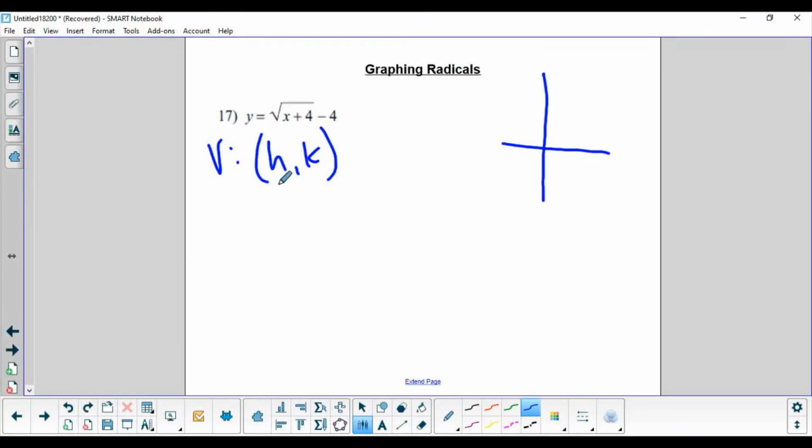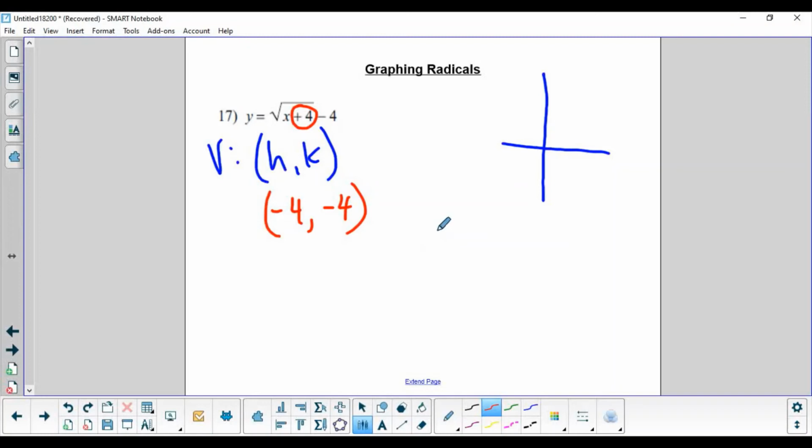Remember, h is the number inside the square root with the x. So what number is inside with the square root? It's 4, but it's actually the opposite of 4. So instead of 4 moving you right, it moves you left. That means our h would actually be negative instead of positive. And then our k is exactly what's there, so our k is negative 4. So remember, h does the opposite, k does the same.